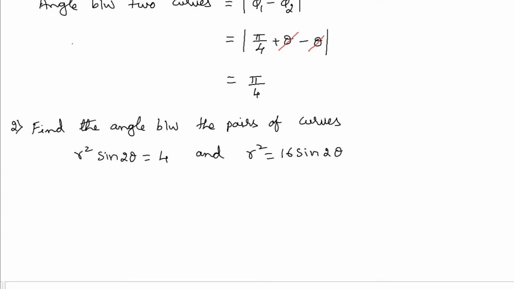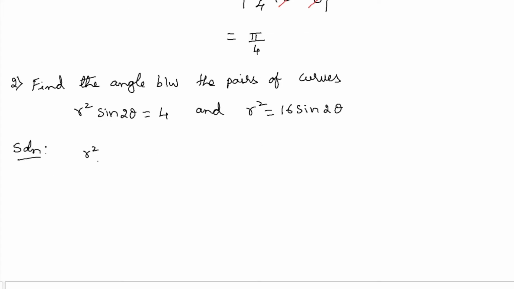Find the angle between the pair of curves r square sine 2 theta is equal to 4 and r square is equal to 16 sine of 2 theta. Let me consider the first curve and try to find the value of phi 1. Let us take the first curve, r square sine of 2 theta is equal to 4.